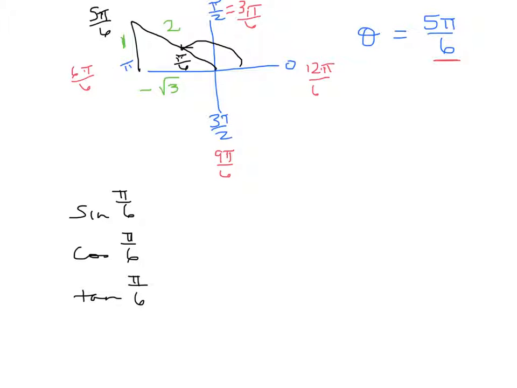So in this case, the sine is opposite over hypotenuse, or y over r. The cosine is adjacent over hypotenuse. And the tangent is opposite over adjacent, which we would also rationalize by multiplying top and bottom by the square root of 3 and get negative square root of 3 over 3.